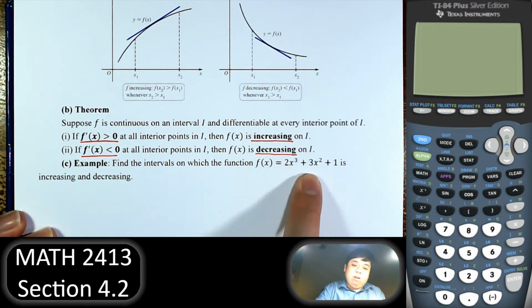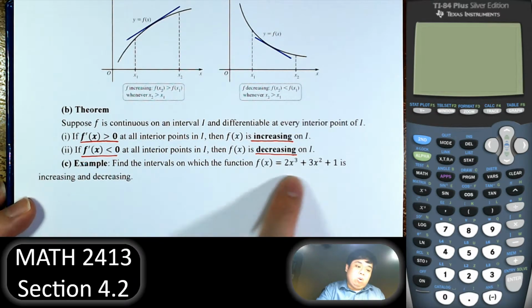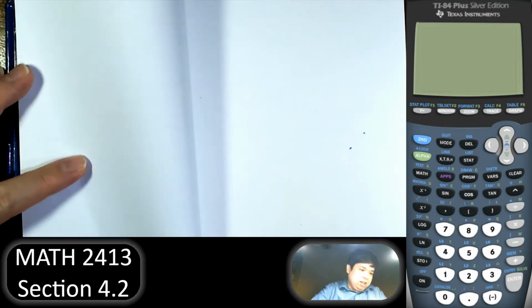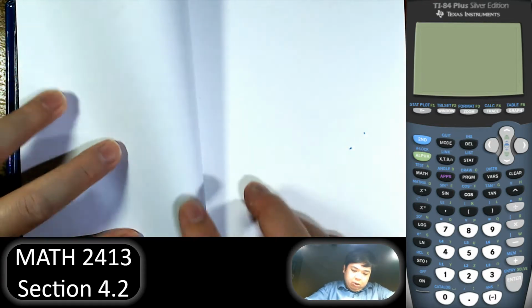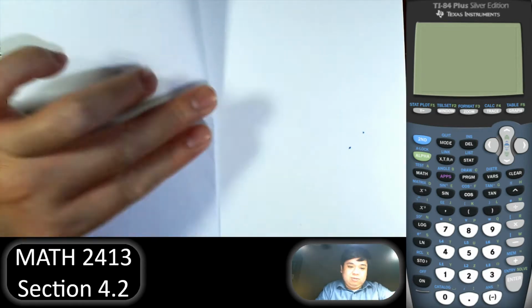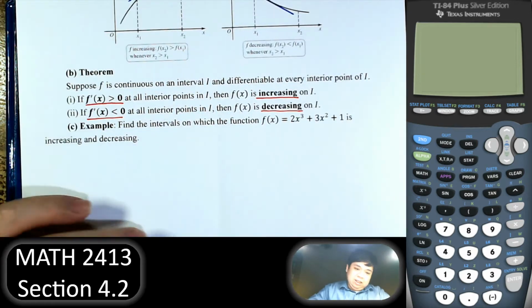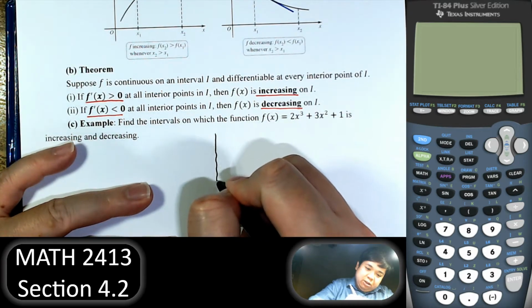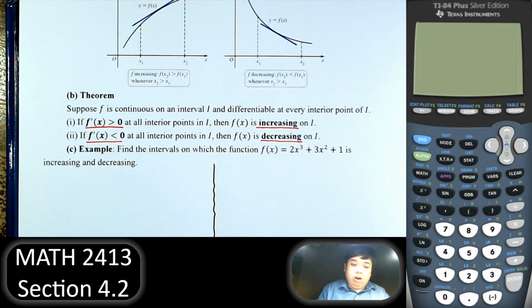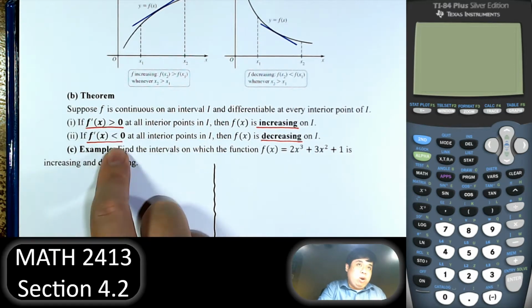Now find the interval of the function on which it is increasing or decreasing. Once again, this type of problem is not difficult, but usually a little long. So I divide in two columns. We are asked to find the interval where the function is increasing or decreasing, meaning where the derivative is positive and where derivative is negative.